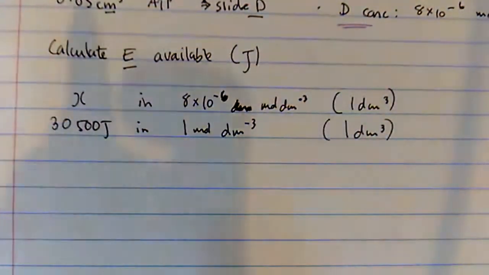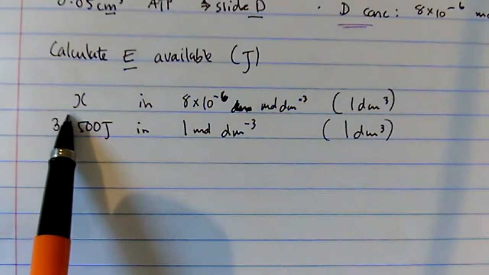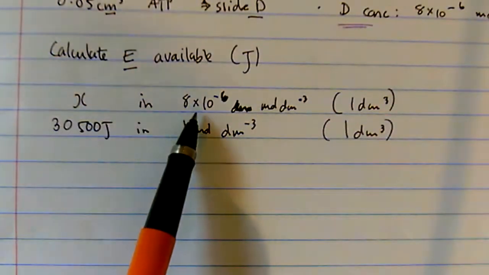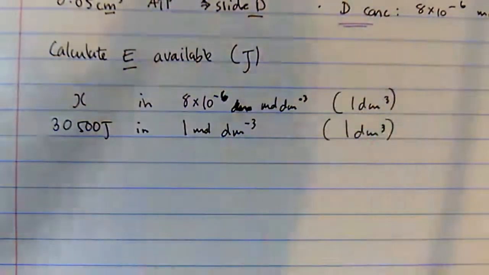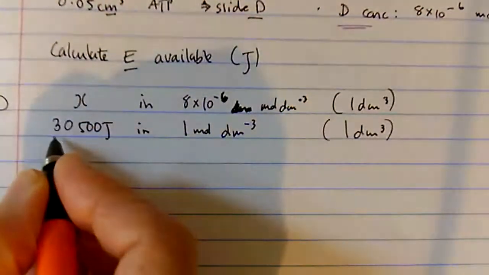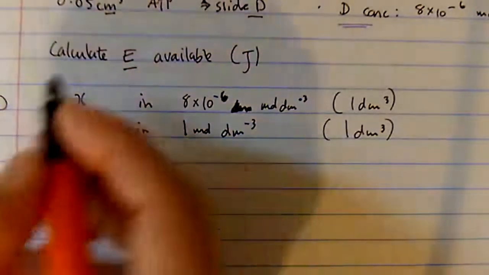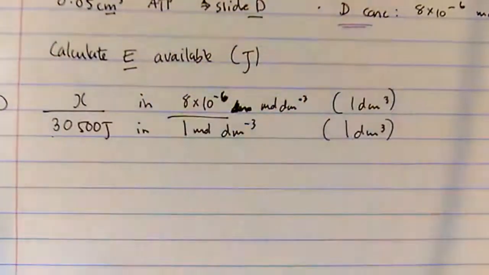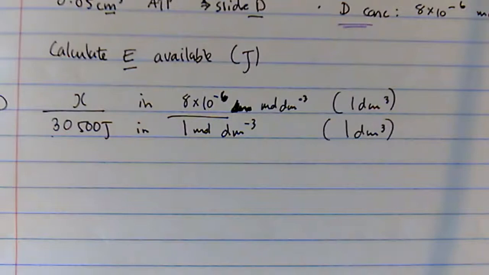We want to know how many joules there are in this concentration, D's concentration, because this is the concentration of D. Okay, so this is what we call our stock solution. This is D. So how many joules are there in that concentration?